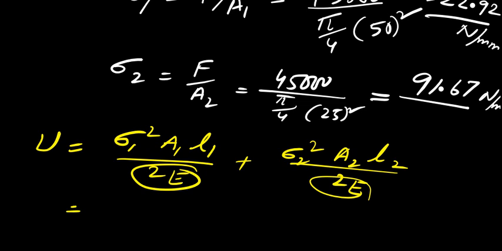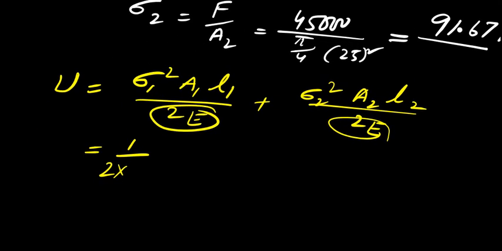So it will be 1 by 2 into E, given as 2 into 10 power of 5 Newton per millimeter square.